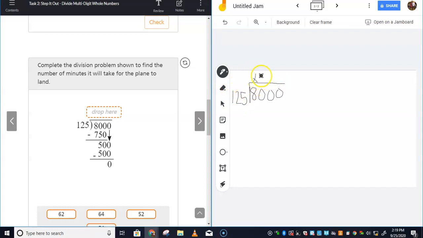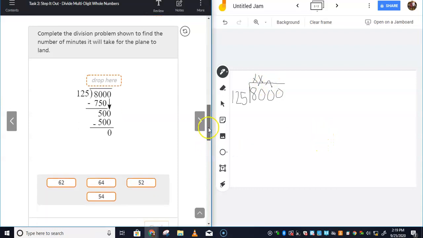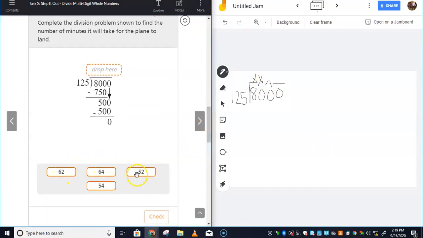125 cannot fit into 8 or 80, but it can fit into 800. And now the options that's going to limit us down to is either going to be a 6 or a 5. I'm going to try it with a 6. 125 times 6. 5 times 6 is 30. 12, 13, 14, 15, 6, 7. So we are going to be writing a 6. 800 minus 750 is 50.